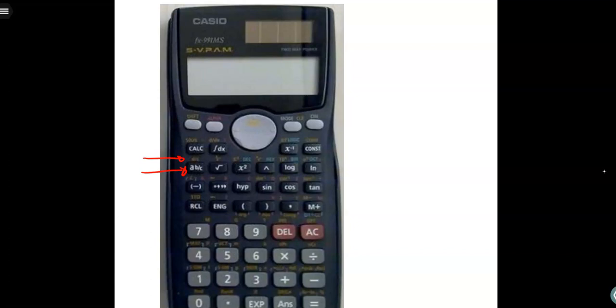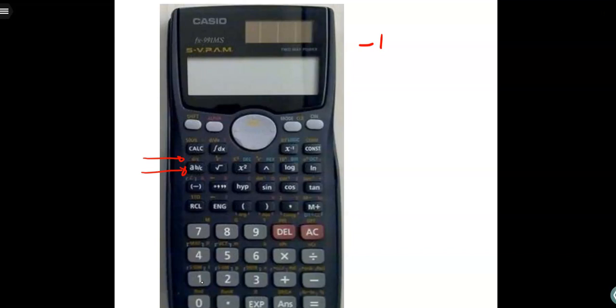The first thing we are going to do is key in negative a half. So I am going to press this negative sign, and I will have a negative. Then I press 1, so I will have negative 1 right on the screen.